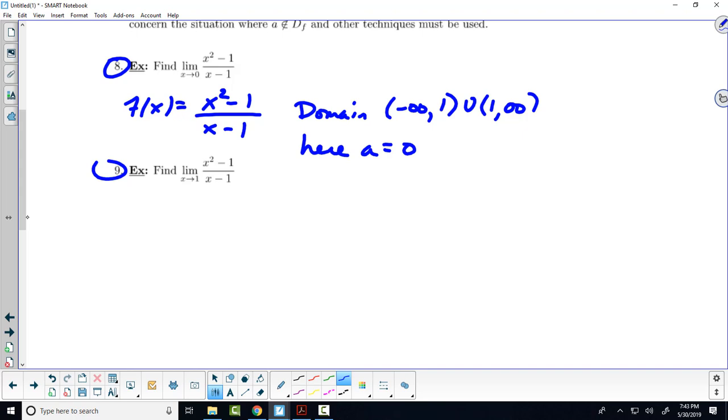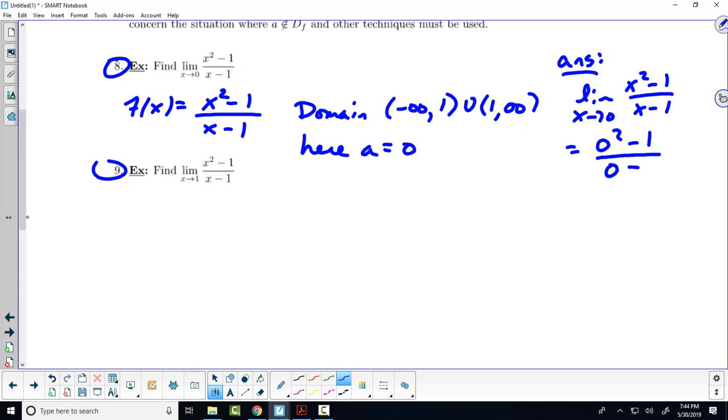We've got a nice rational function, and 0 is in its domain. So if I'm asking you to evaluate the limit as x approaches 0 of x squared minus 1 over x squared, over x minus 1, all you have to do is apply the direct substitution property. Just go ahead and plug in the number 0. What do you get when you simplify that? 1.